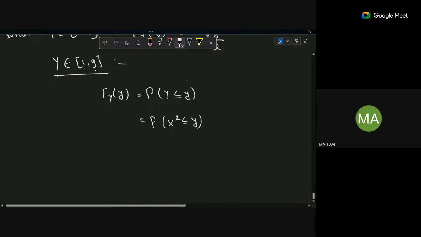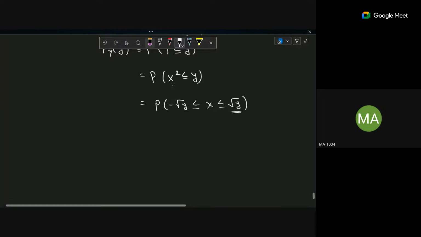Now, what should we do? As we have covered till 1, I want my probabilities from minus square root y to plus square root y, but I have covered the upper limit till 1. Should I replace it with 1?